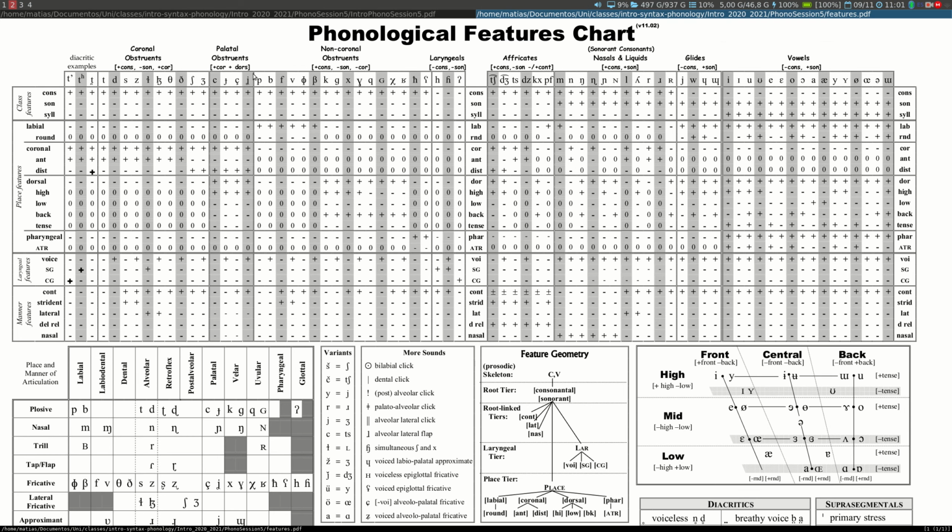And then you should explain what's the difference between those phonemes, phonetically and phonologically.